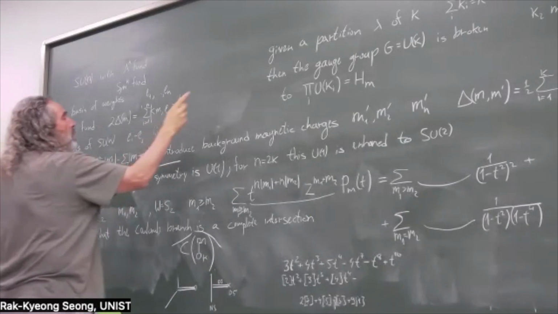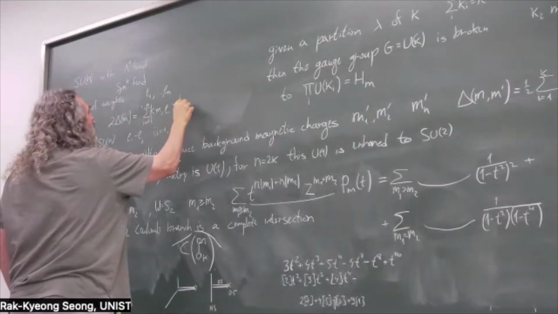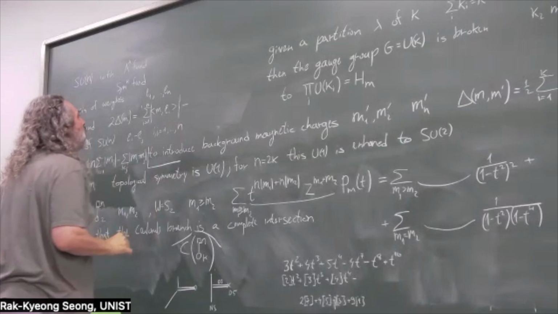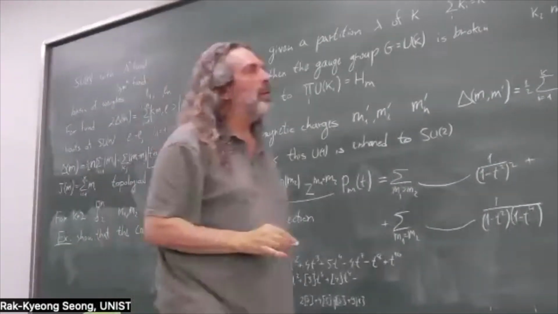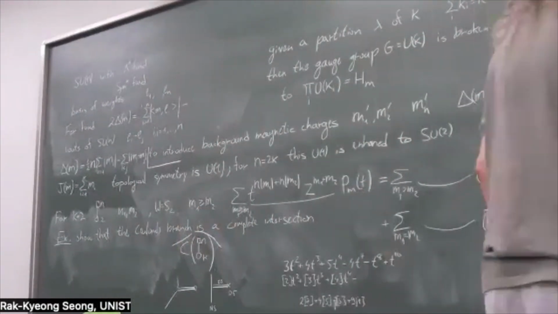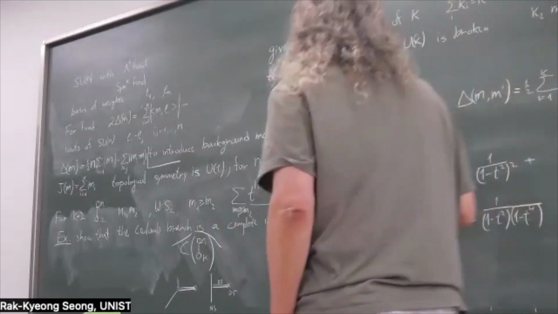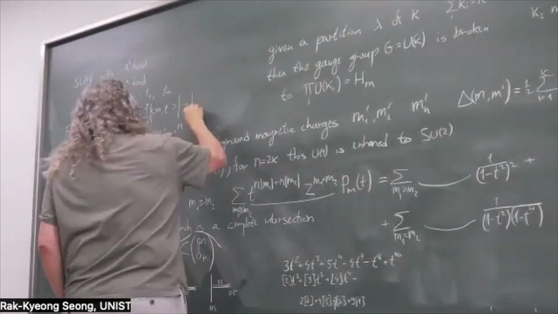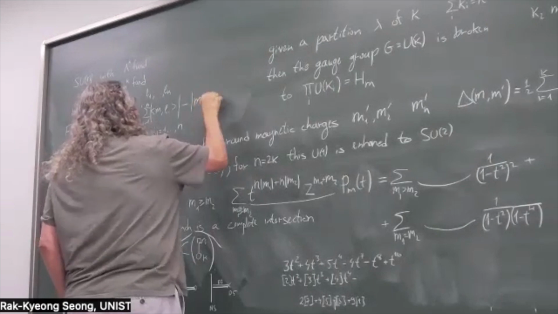And so when you do this sum over there, you get minus m_i minus m_j.